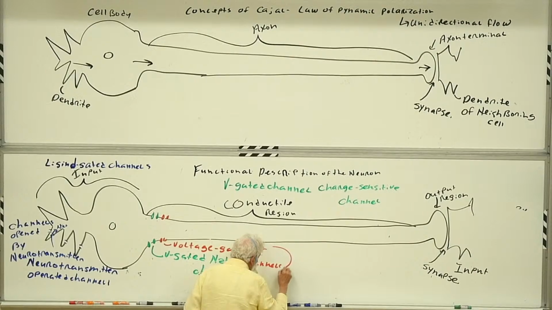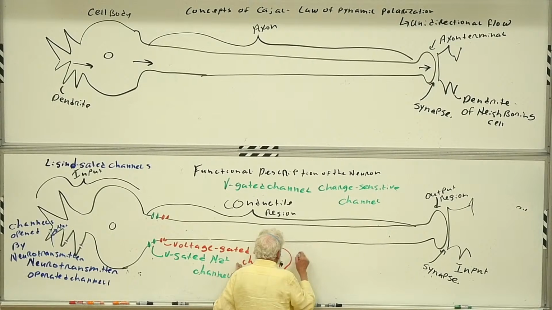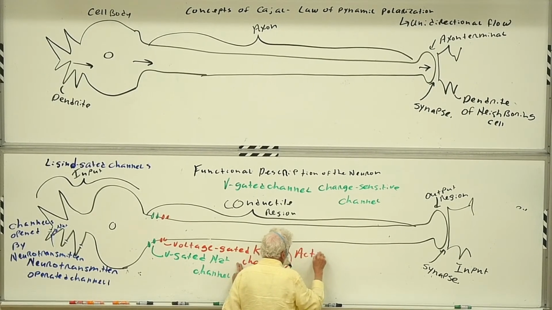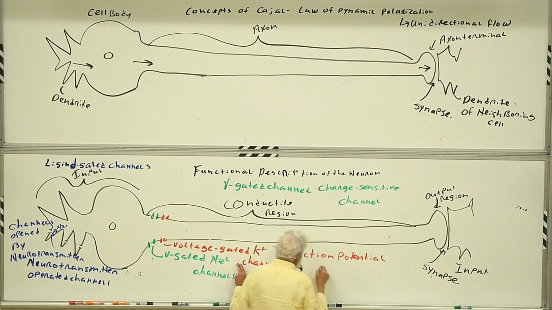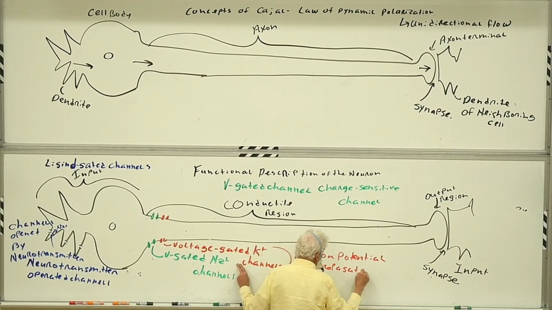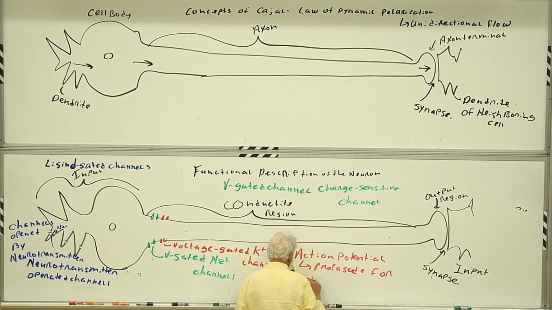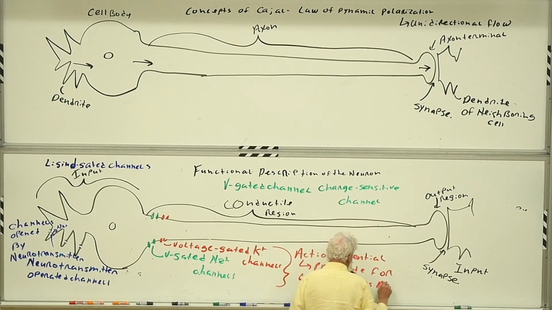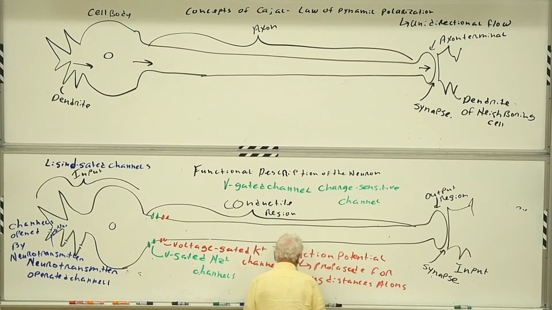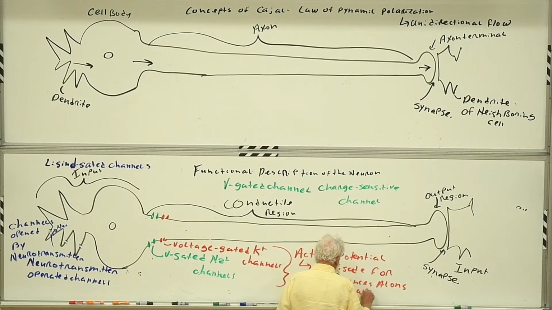We'll see that working in concert, the voltage-gated sodium channels and the voltage-gated potassium channels are responsible for generating something known as the action potential. And the action potential will propagate for long distances along the membrane of the conductile region.